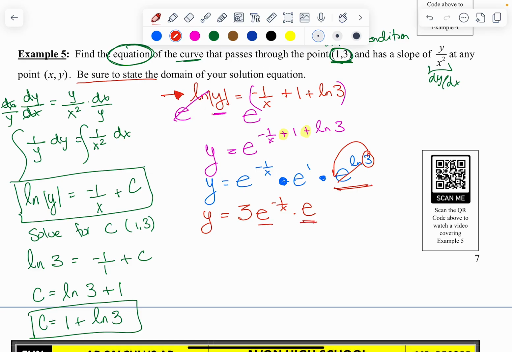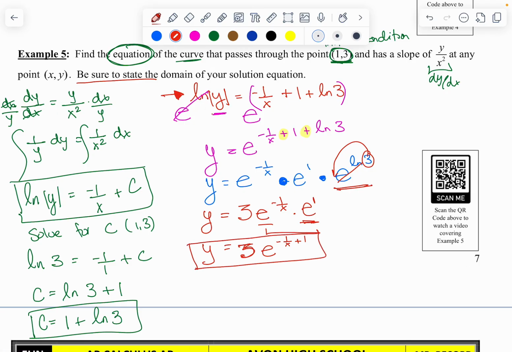Now this doesn't look that pretty, so this would be a good example of bringing back the e to the negative 1 over x and e to the 1 together as 3e to the negative 1 over x plus 1, just so that it looks a little bit nicer. And that's it. This is our particular solution.